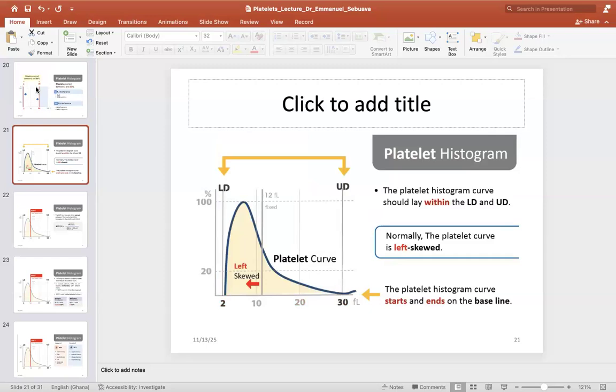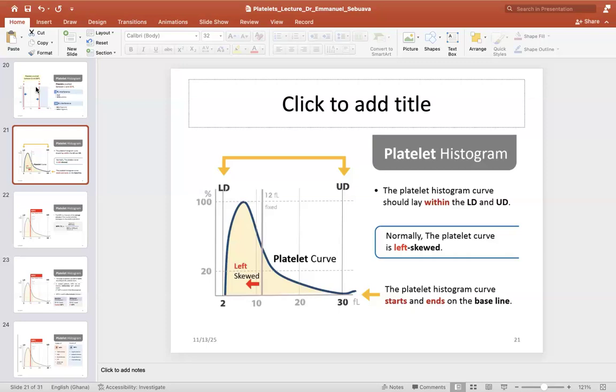Now, there are times that the platelet histogram is skewed to the left. Usually, the curve should be between the lower discriminator and the upper discriminator.